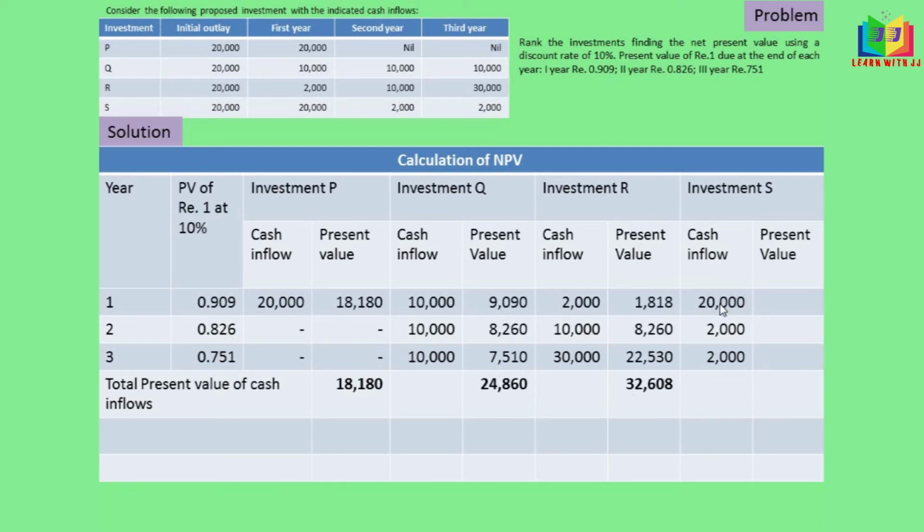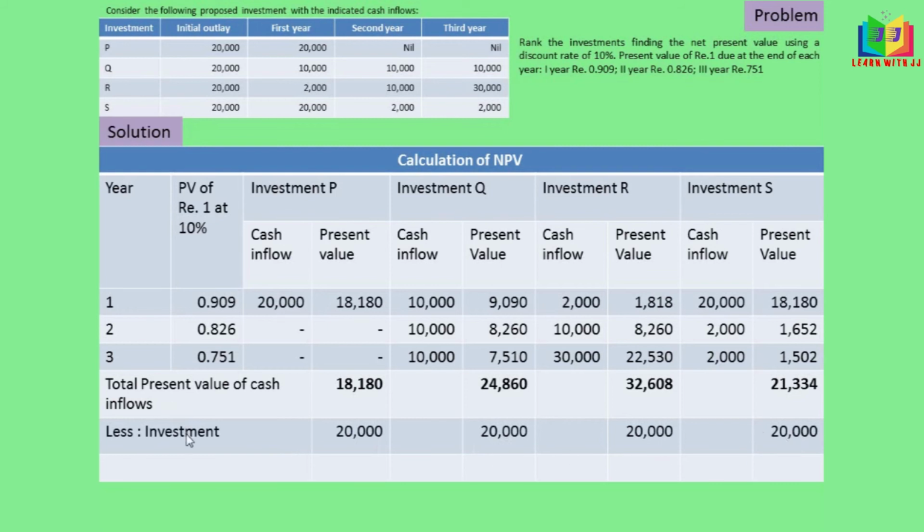Now we do it for investment S, and we get 21,334. This is the present value of the four investments. The original investment is 20,000; it is given that the initial outlay is 20,000 for all four investments, so we write 20,000 for each.